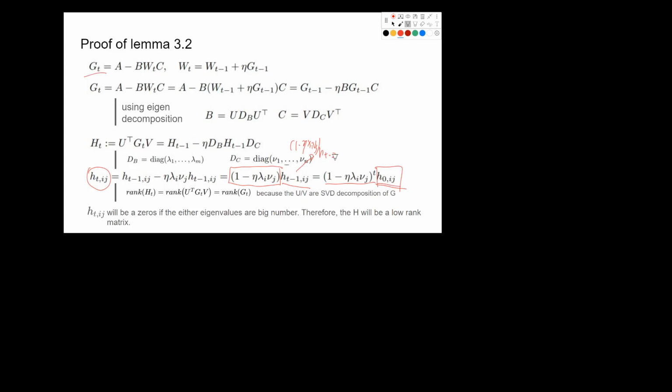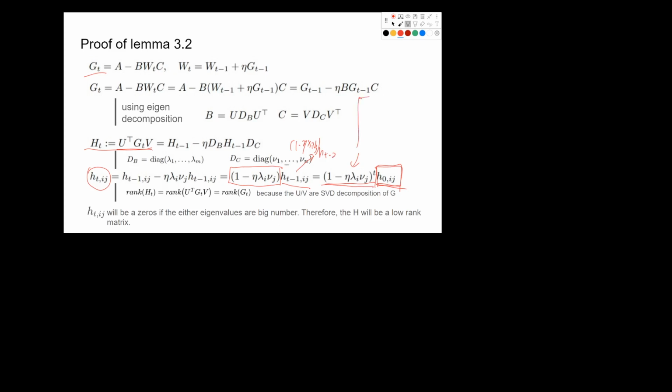So by using this formula to get the H_0 ij, it means that the value of H after t iterations will be the original one, multiplied by this vector. So again, if this vector, the lambda_1 v_j, is a big value, it means that this is a smaller value, so this will become 0.